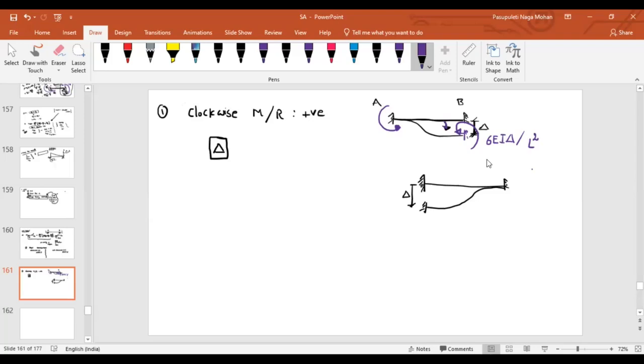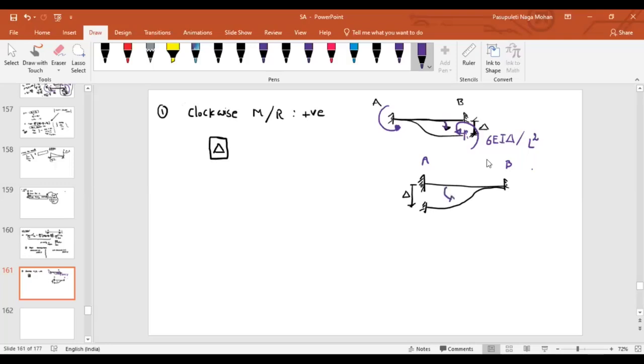Similarly, can you understand the second case? If the support is sunk by an amount delta, in which direction do you think it might have rotated? Clockwise or anti-clockwise? Just imagine. Keep your pen on the initial orientation and try to take it to the deformed configuration and see in which direction it might have rotated.